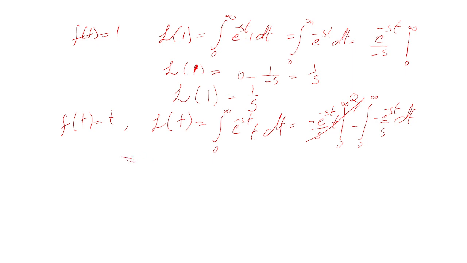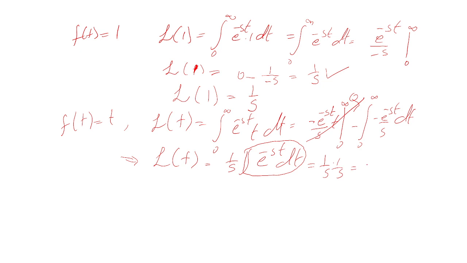So this implies the Laplace transform of t is equal to 1 over s times the integral of e to the minus st dt, but we know that this is the Laplace transform of 1. So that means 1 over s times the Laplace transform of 1, which is 1 over s. Again multiplying by 1 over s, that is equal to 1 over s squared.